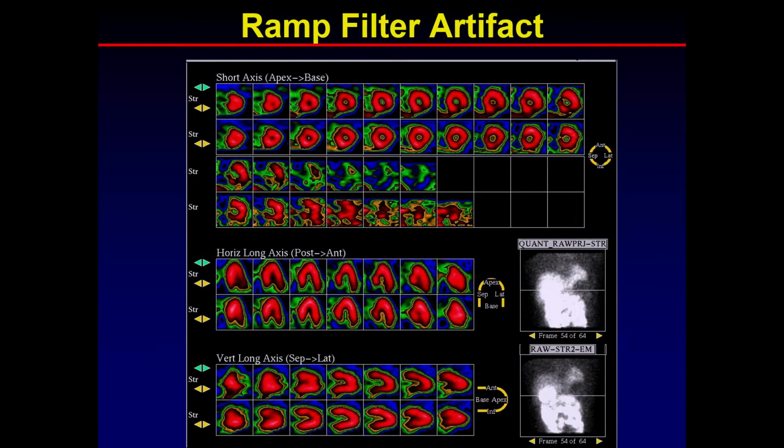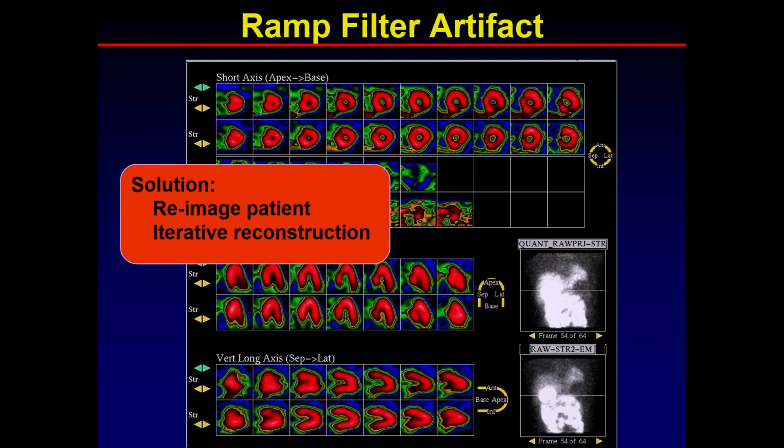And you'll look at the bottom one, and this is now using iterative reconstruction, and that completely goes away. So when we have people who have artifacts, particularly with ramp filters, we can do one of two things. We can either re-image the patient after giving them water or whatever to try to get rid of the gut activity, or we can use iterative reconstruction to help us.